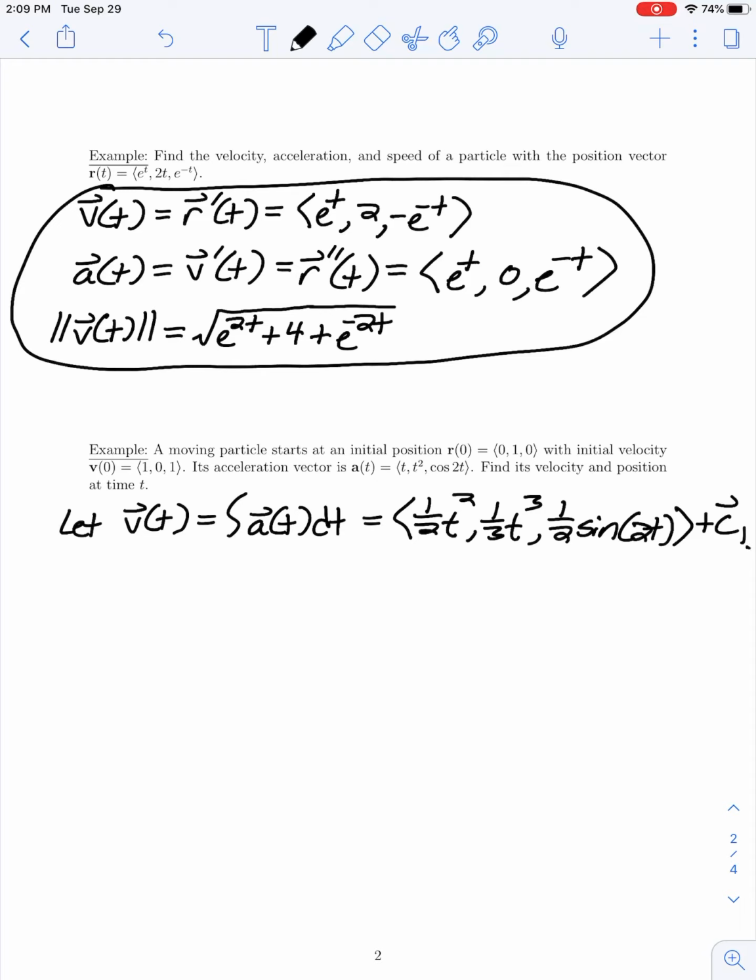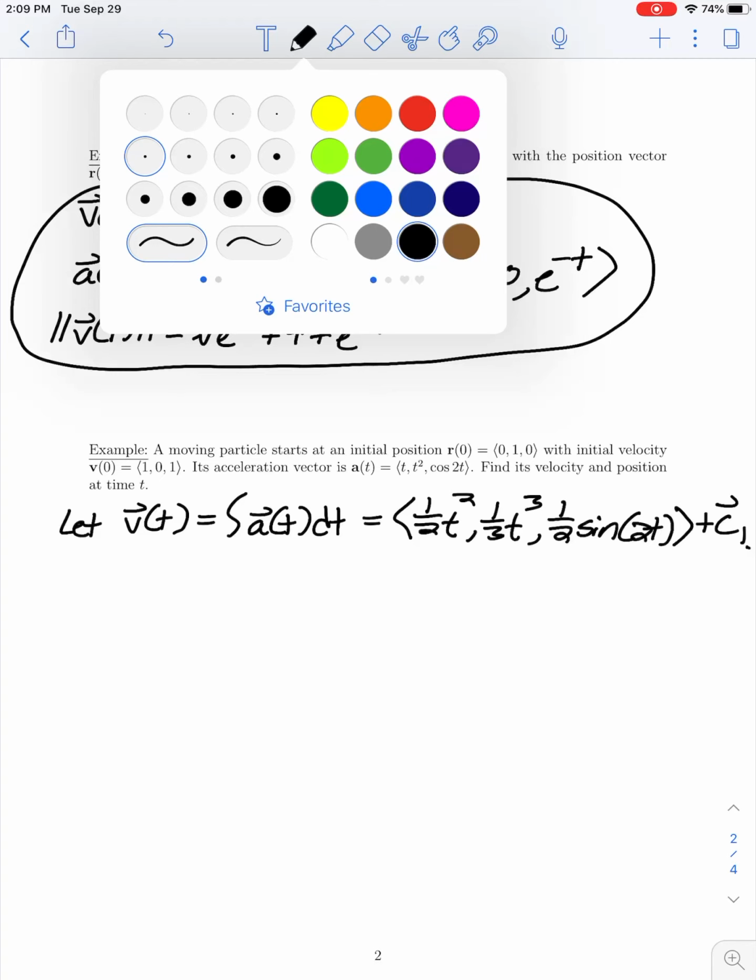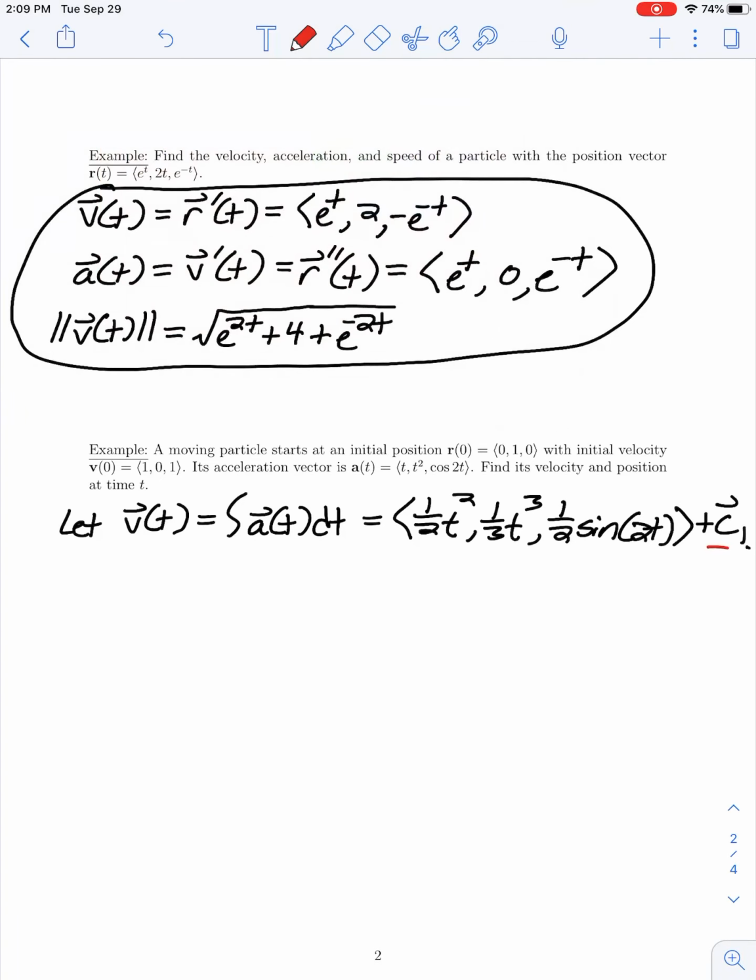And before I can find the position of this object, I need to solve for this constant vector c1 using the information that I'm given about the initial velocity of this object, which was the vector v of 0 equals 1, 0, 1.